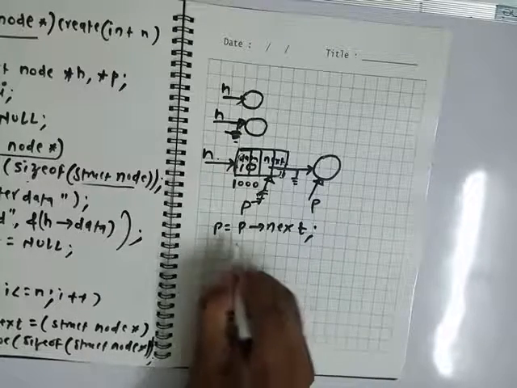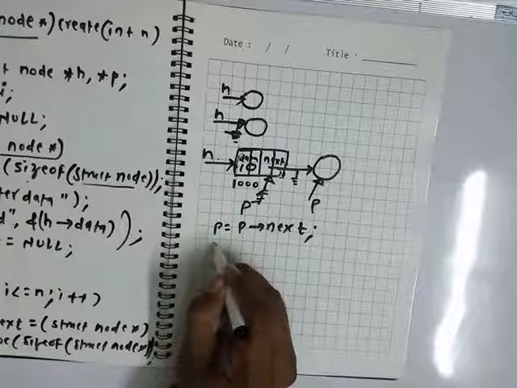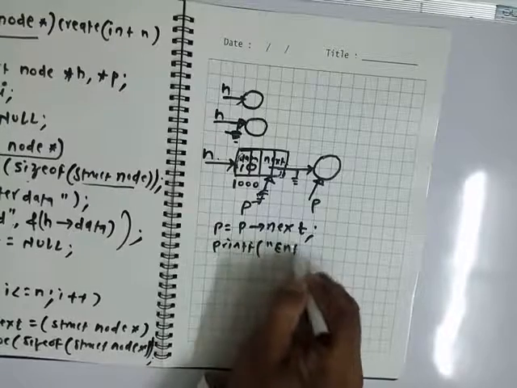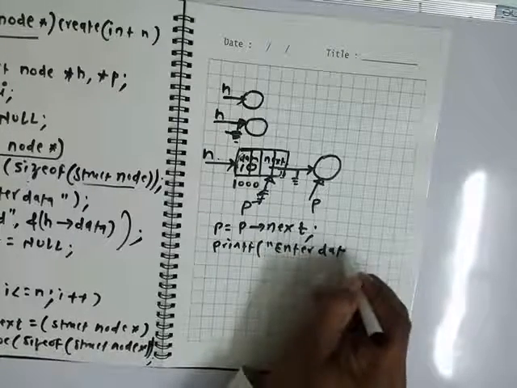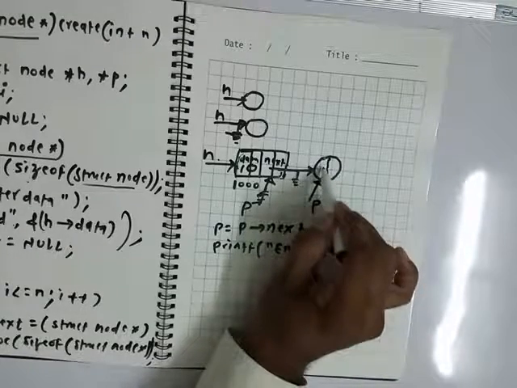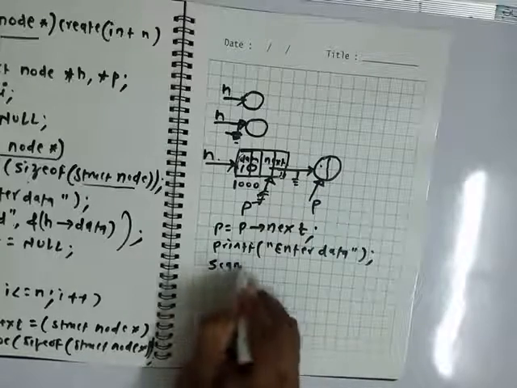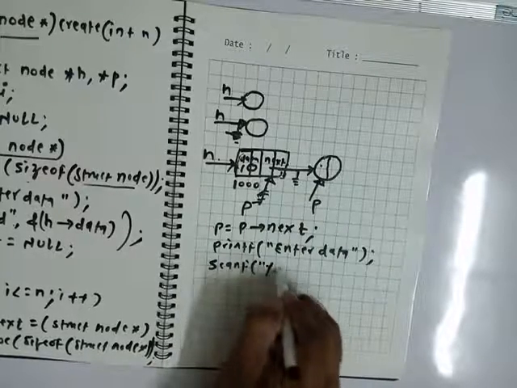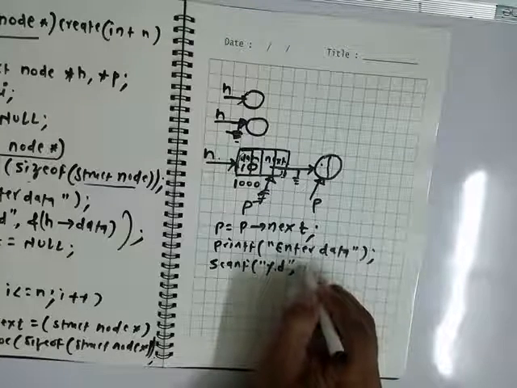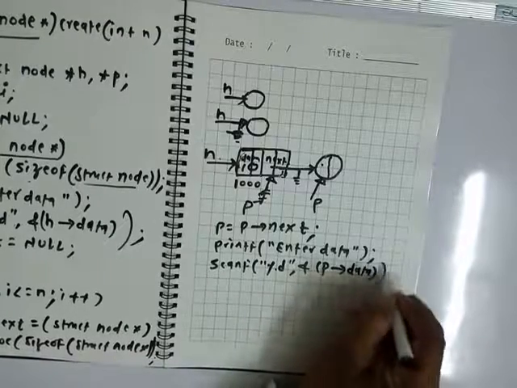Okay, so now I'll ask the user to enter the data at that node. So I'll say printf, "enter data". Now whatever data the user enters will have to go in this part, right? In fact, this is the data part, p arrow data. So I'll do scanf %d, because the data is an integer. So ampersand p arrow data, right?